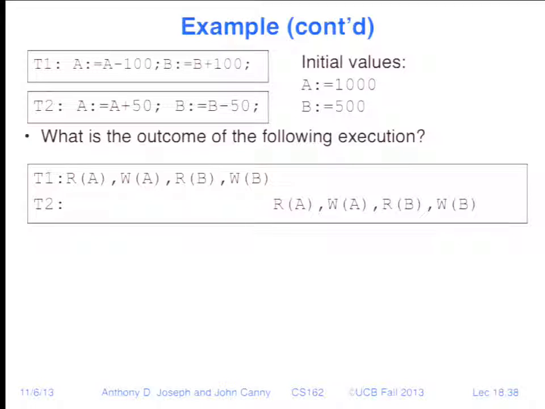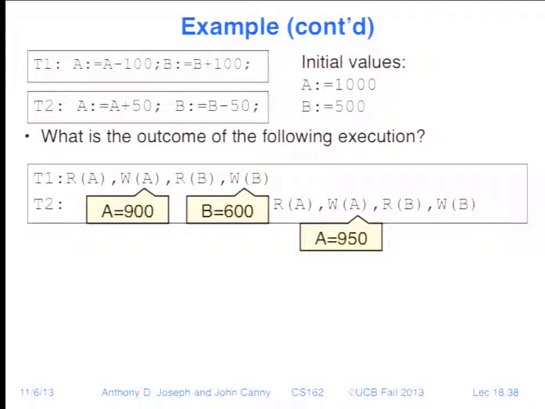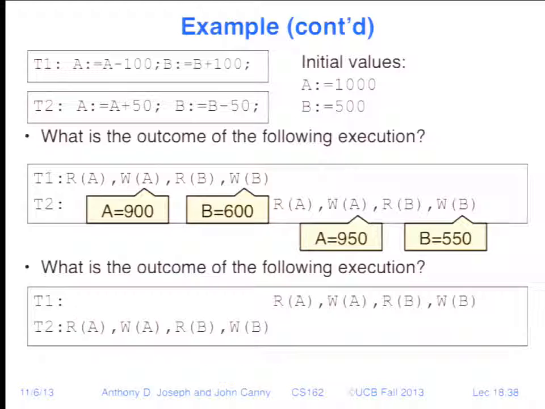Well, what do you think would happen with this order? It's basically a serialization of the 2 transactions. Well, we can work through it. We're going to decrement A first, increment B, then increment A and decrement B, and it'll give us the right answer. If we flip the order, you can work through it again.